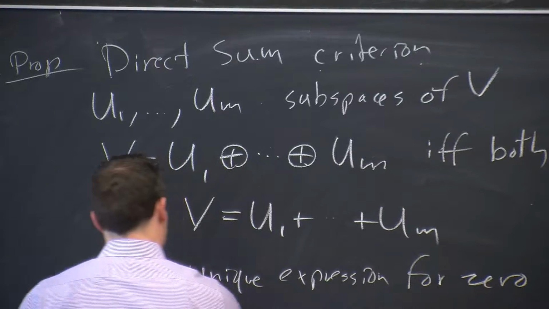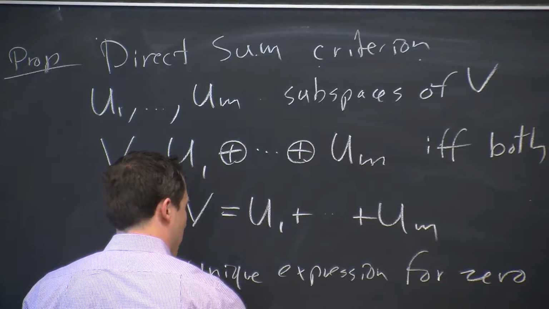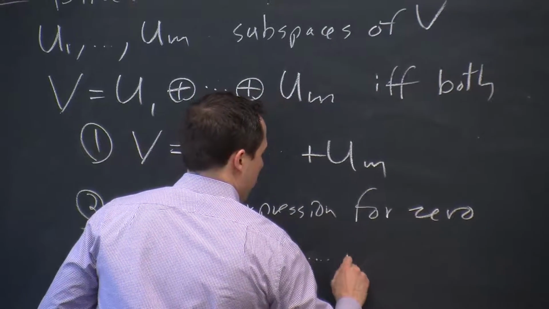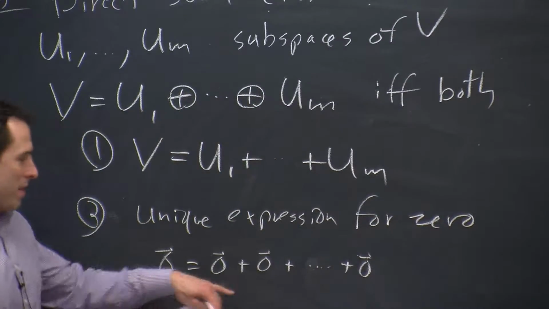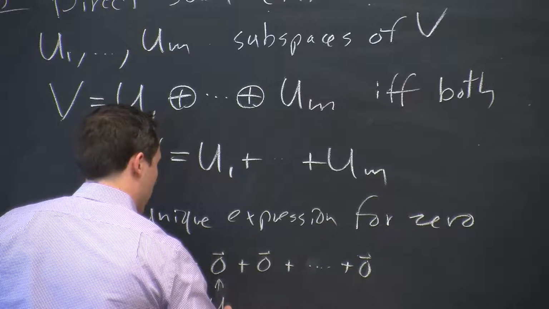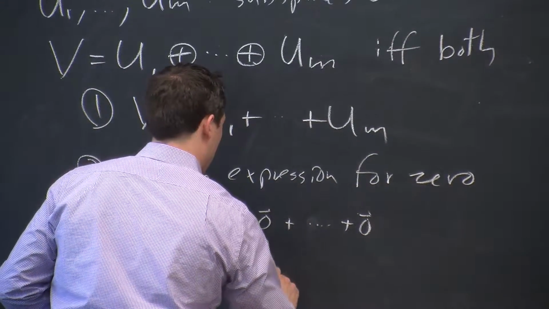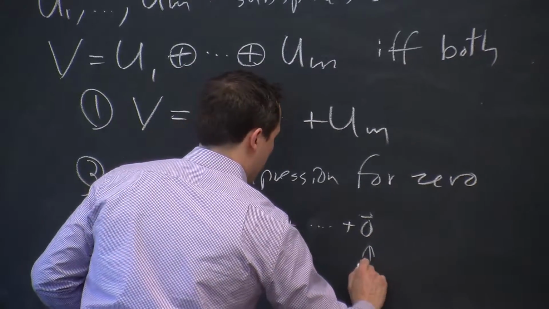And since 0 is in every subspace, the unique expression is just a sum of 0s, thinking of each copy of the 0 vector as lying in a different subspace.